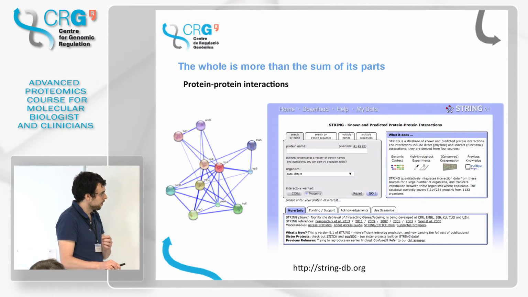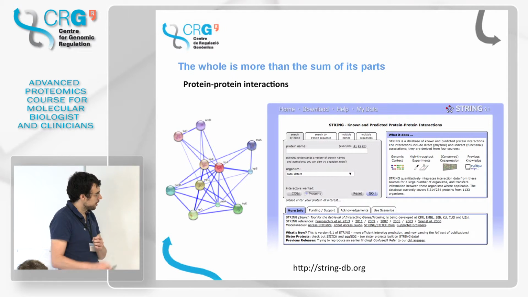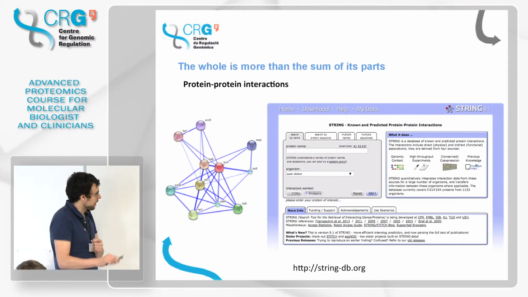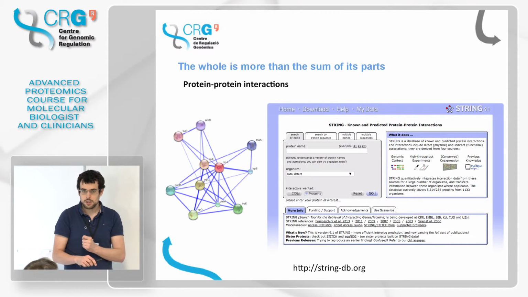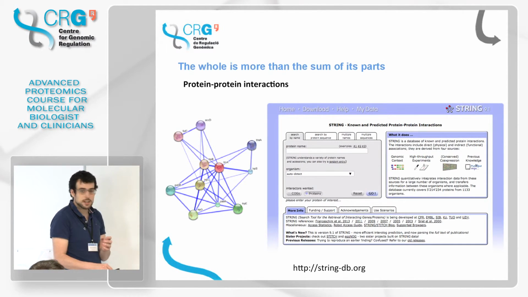For example here, imagine the input is these 10 proteins that had a significant p-value; I put them here, and this is the graph I retrieve from this analysis. What it says to me is, it's not casual that all these proteins were significantly altered, because they are related to each other either by protein-protein physical interactions or by protein-protein functional interactions.